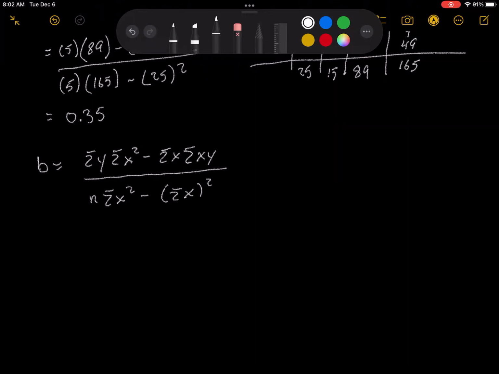So if you've already done this denominator, then it's the same thing down here. But let's imagine that we're doing this before we found m. So let's do this from scratch.